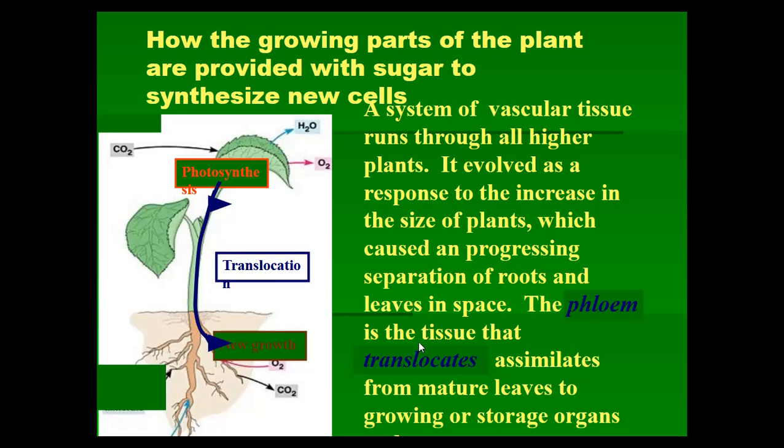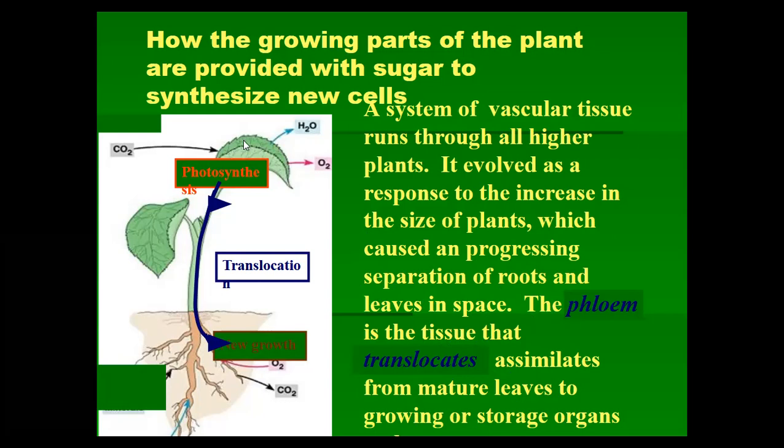The phloem is the tissue that translocates assimilates from the mature leaves to growing or storage organs.